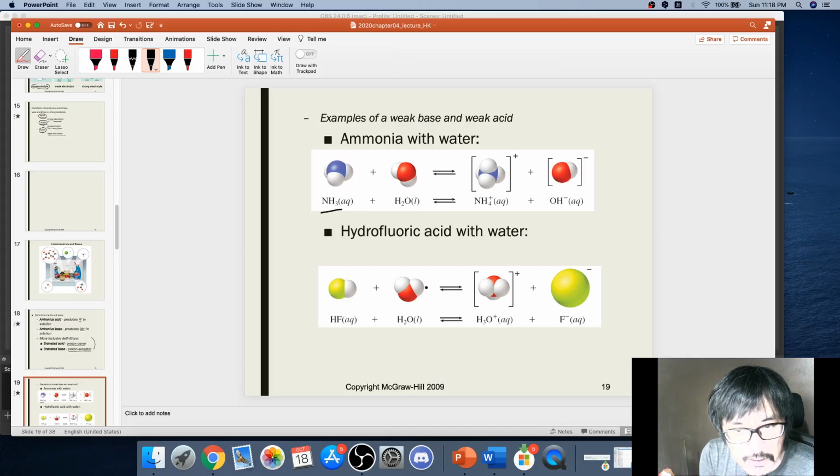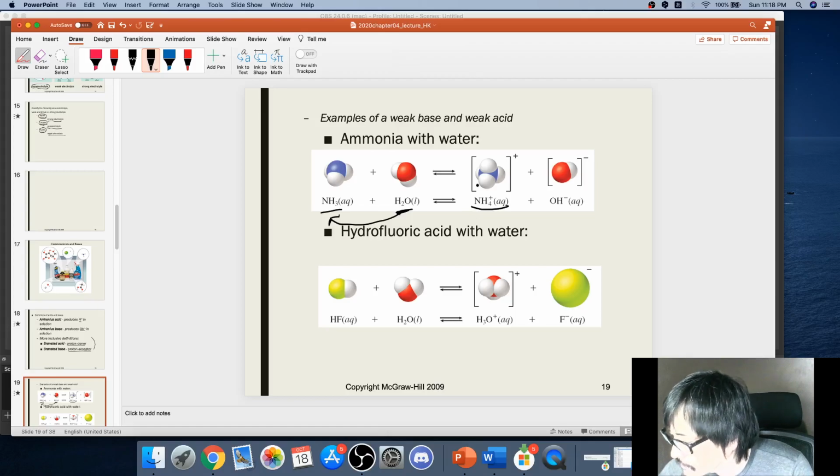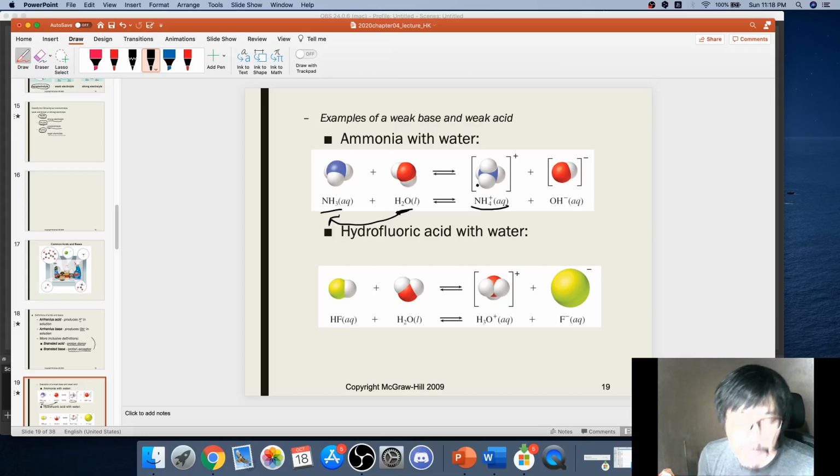NH3 is going to accept the proton, the H plus from here, right, to become NH4 plus. So it accepted the proton, which means that it's a base. This is a base right here.